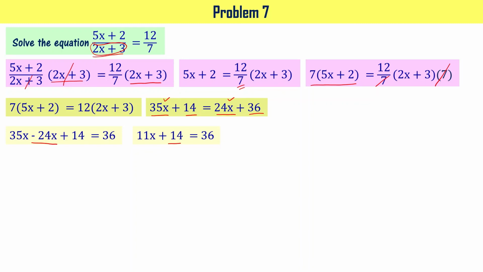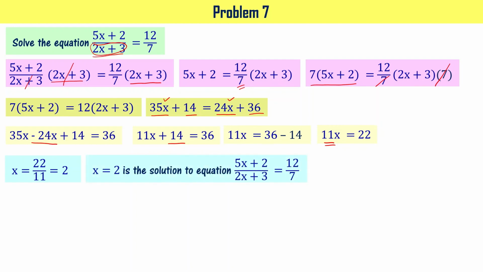Now let me transpose this 14 onto the other side. When you do that, you get 11x equal to 36 minus 14, right? 11x equal to 22. Now let me transpose 11 to the other side. Since it is multiplying on this side, it is going to divide. It means x equal to 22 by 11, that is equal to 2. This is the solution we are looking for. x equal to 2 is the solution to the given equation.